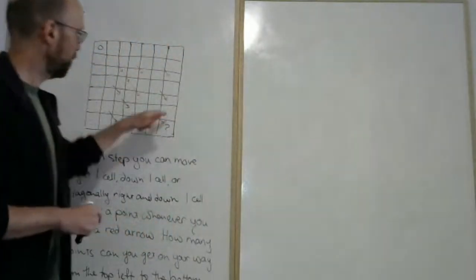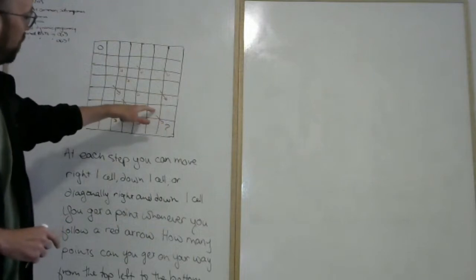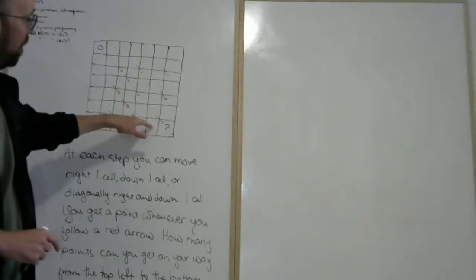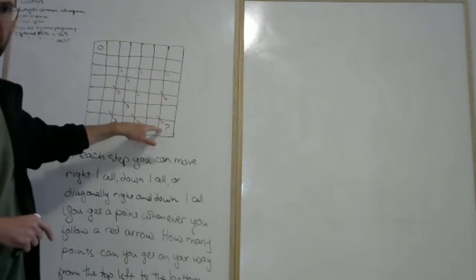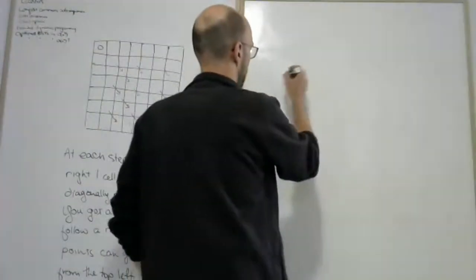So you would sort of fill in the grid and say, well, if I knew what this value was, I knew what this value was, I knew what this value was, then I could work this out.